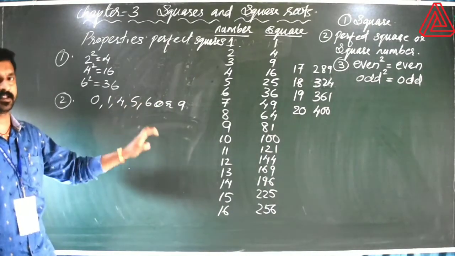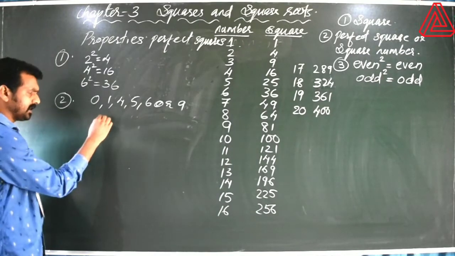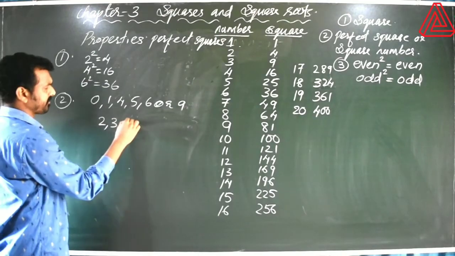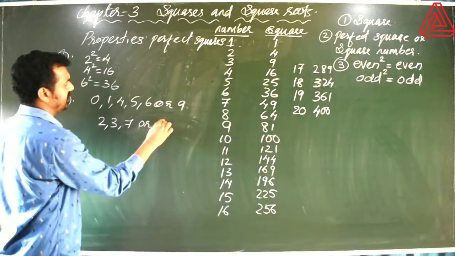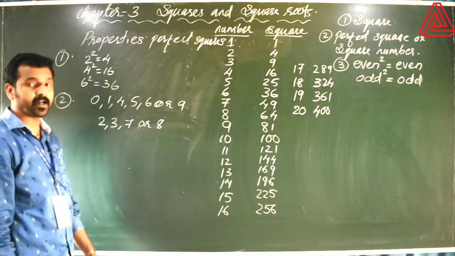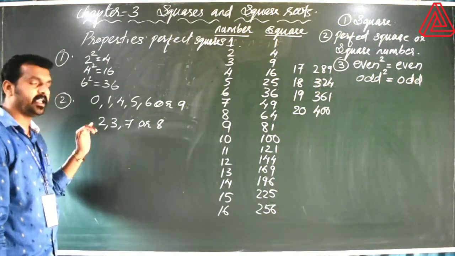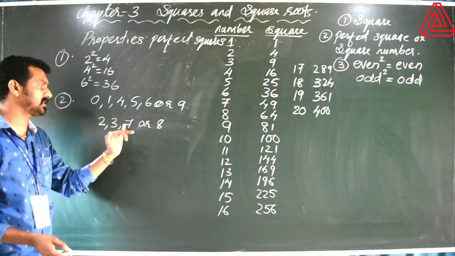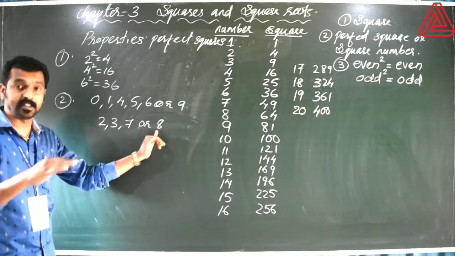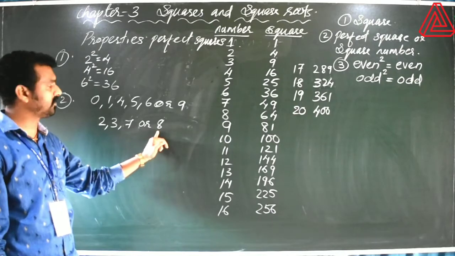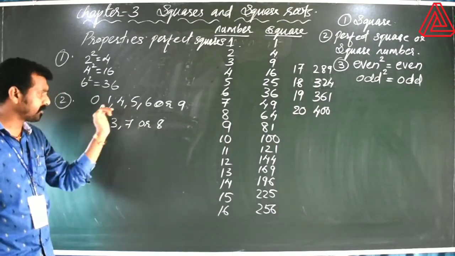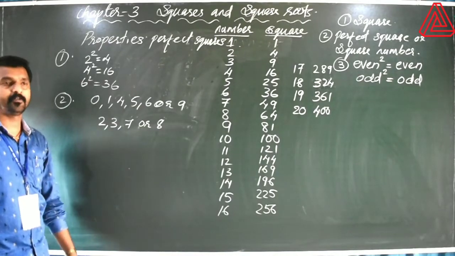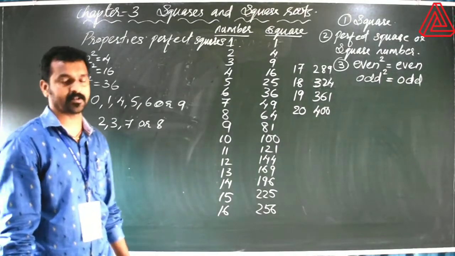If a number ends with the digits 2, 3, 7 or 8, it is never a perfect square. So according to this property, we can easily identify whether a number is a perfect square or not.